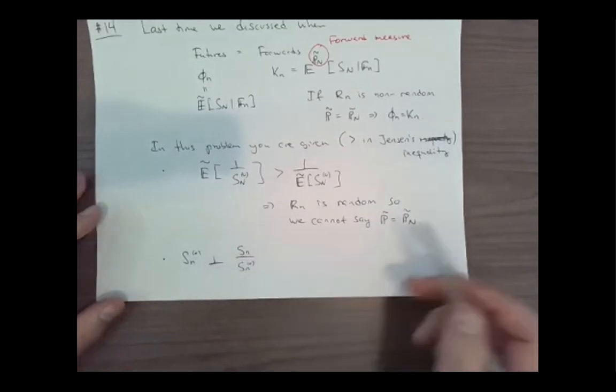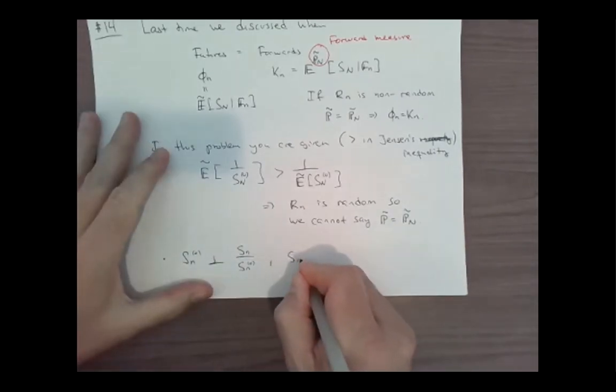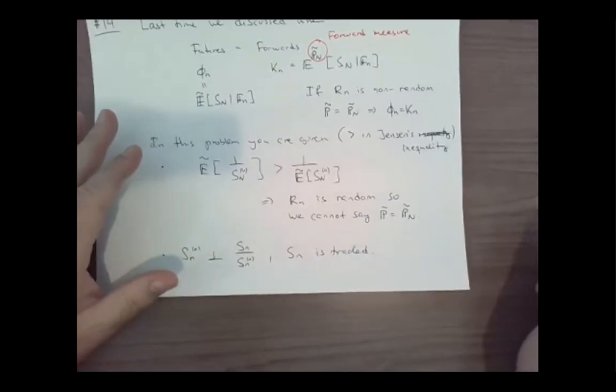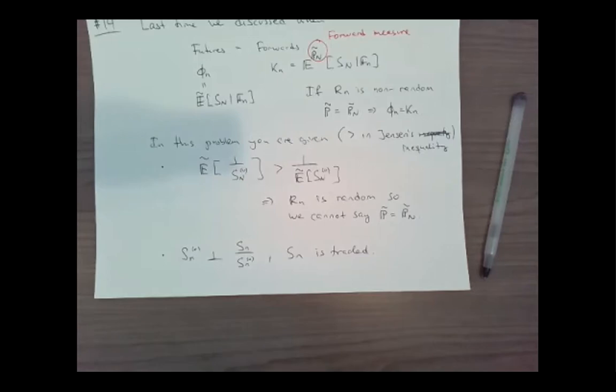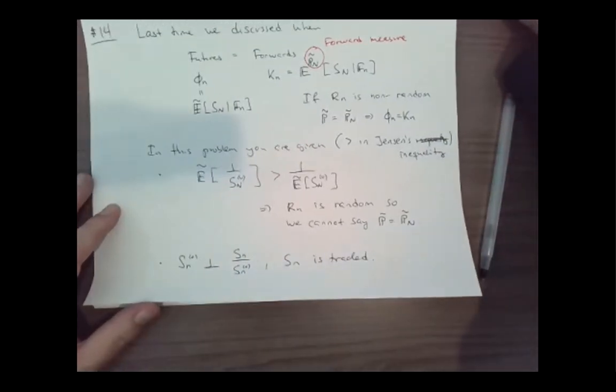And of course, in general, this is not the case. You're given that Sn is traded. So now we want to see if we can figure out what the relationship is between forwards and futures.